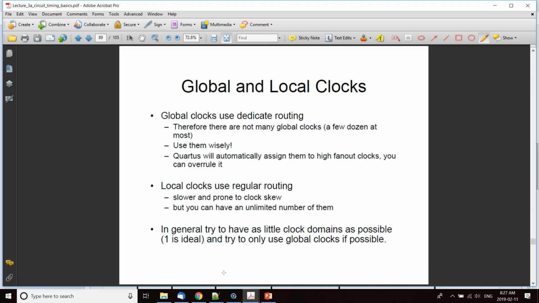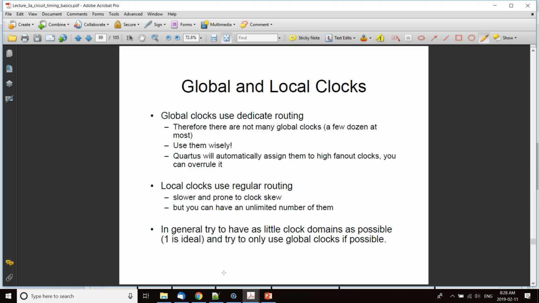The rest of them are really judgment calls. For example, for high speed but low fan out, what do you use?